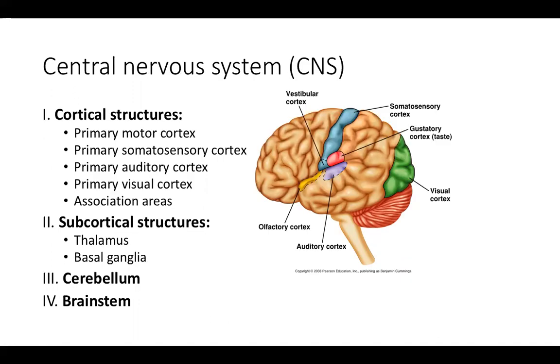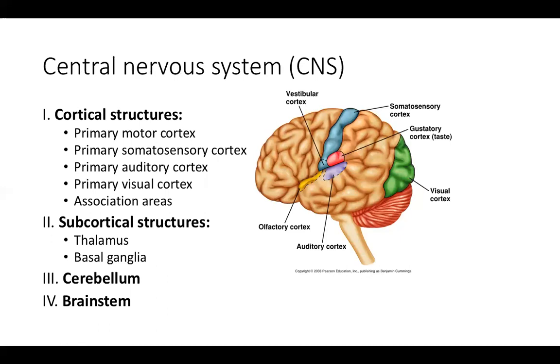Of the cortical structures, we have several that we're identifying today. The primary motor cortex is one of the main ones that will be highly involved with the types of movements and motor function that we'll be discussing in an upcoming lecture.